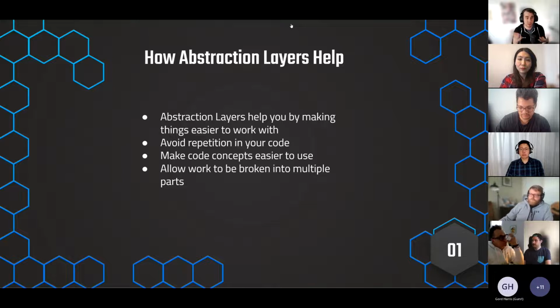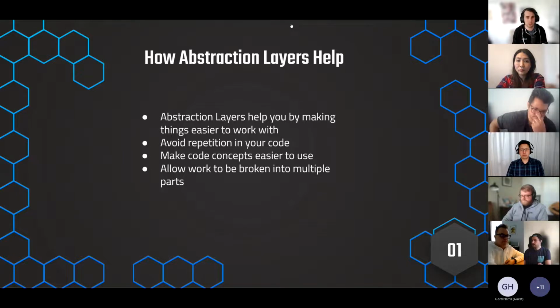It makes code concepts easier to use and understand sometimes. Maybe you don't know the complexity that's behind it, but you don't need to know it, and that's a good thing. And it can allow work to be broken up into multiple parts as well. So maybe one team works on the execution of the tests and one team works on the writing of the tests. Having those abstraction layers so both teams don't have to understand both things can be a good thing too.